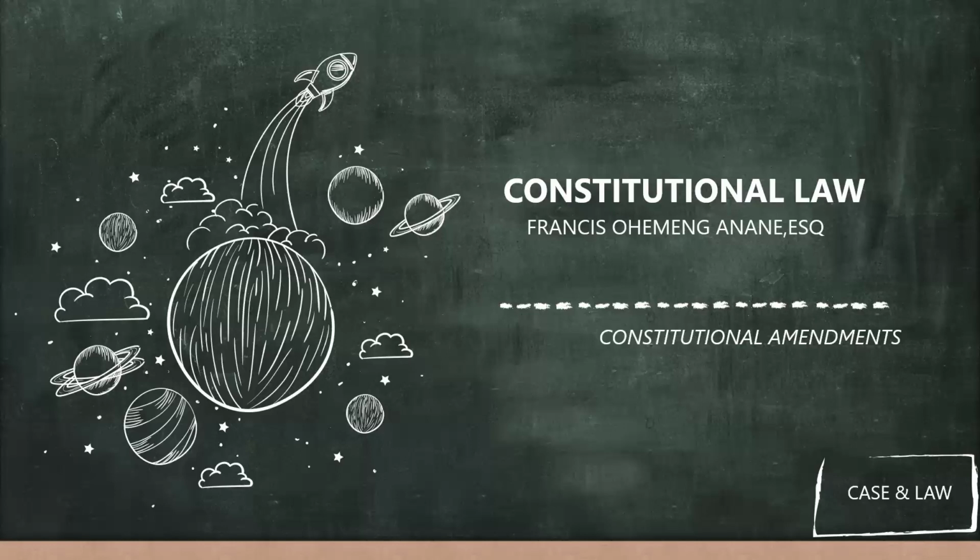The narrow definition will tell you that the constitution is a document. However, the broad definition tells you that a constitution goes beyond just a document to include the customs, the usages, the traditions, all that make up a society. They all form part of the constitution.